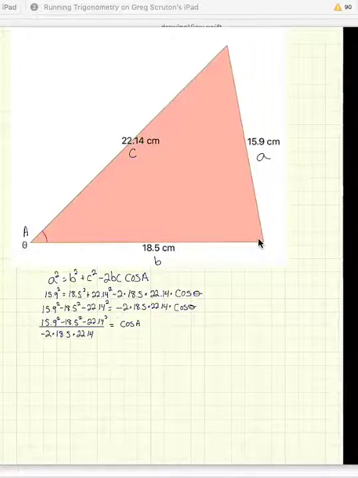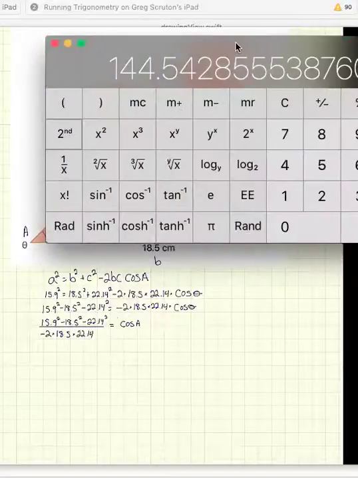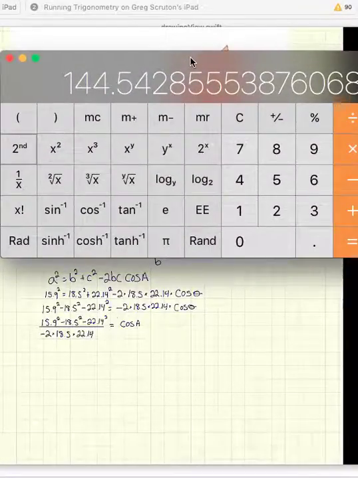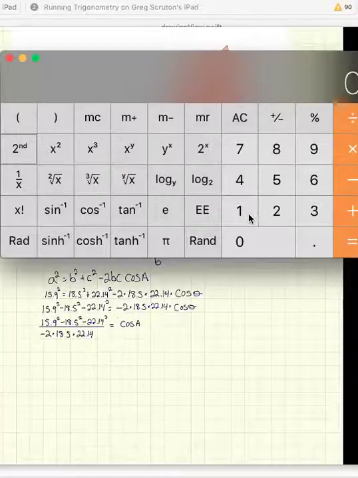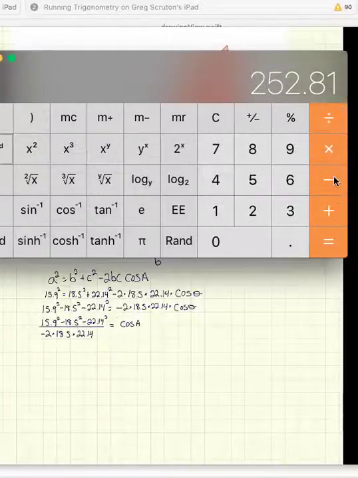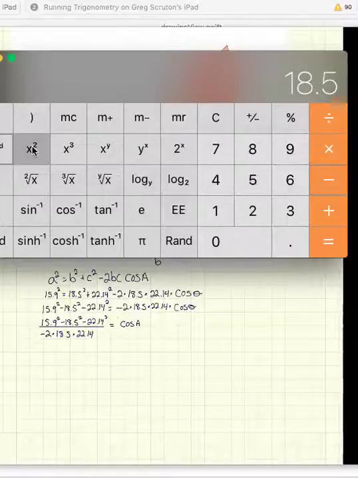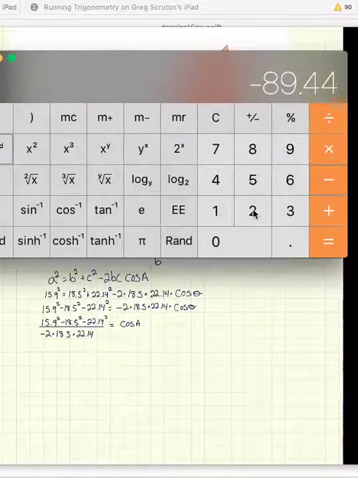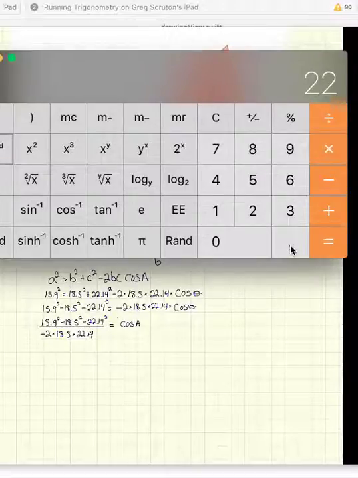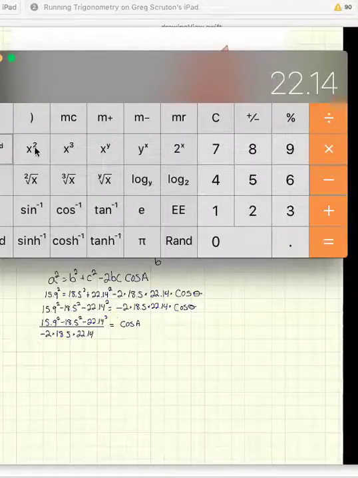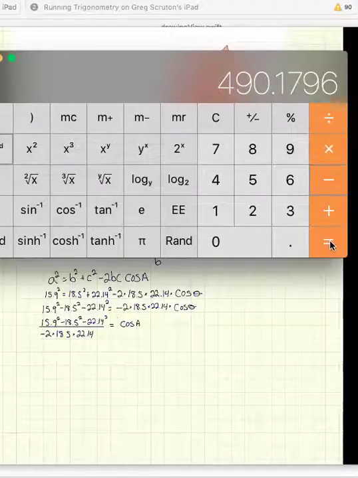All right, let's work all that out just because I'm getting tired of writing all those numbers. So handy dandy calculator time. 15.9 squared. Take away 18.5 squared. Take away 22.14 squared. Okay, and equals.